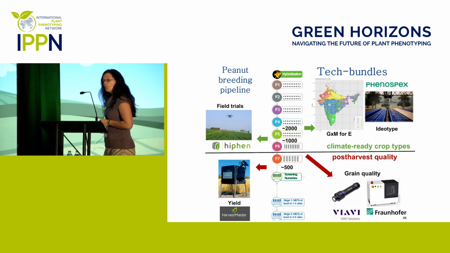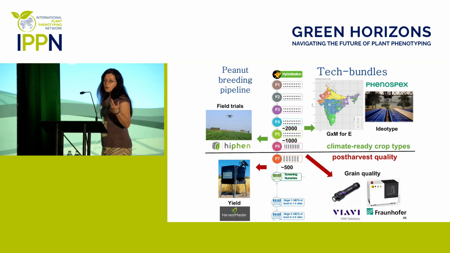So in the first part, it is not one technology, it's a technology bundle, which helps us early in the generation advancement to saturate the selections with the phenotypes which help us to stabilize the production in those target environments. And Moez was already talking about this, which is so important not to neglect.